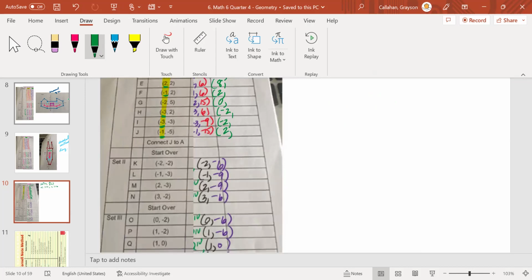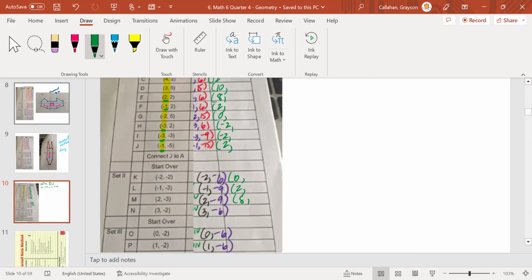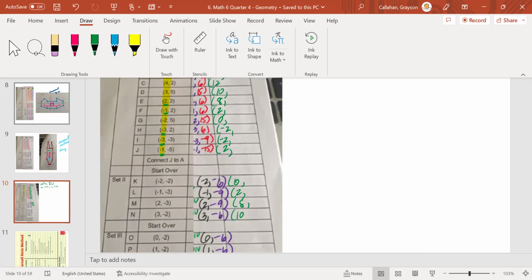Keep going. Negative 2 gives 0, right? Negative 1 gives 2. Do you see how this saves you a little bit of time? Positive 2 gives 8. 3 gives 10. 0 times 2 is 0, plus 4 is going to be 4, right?